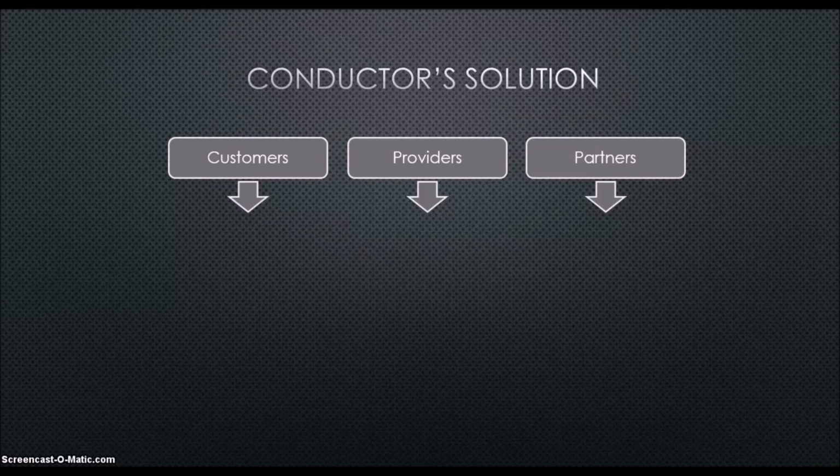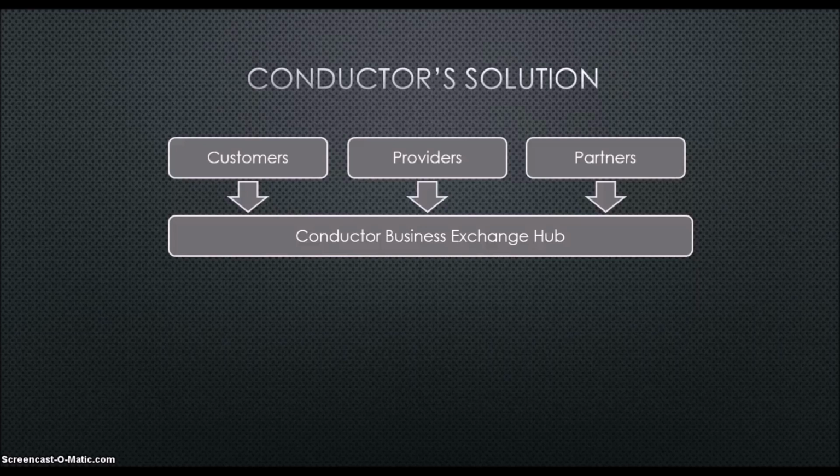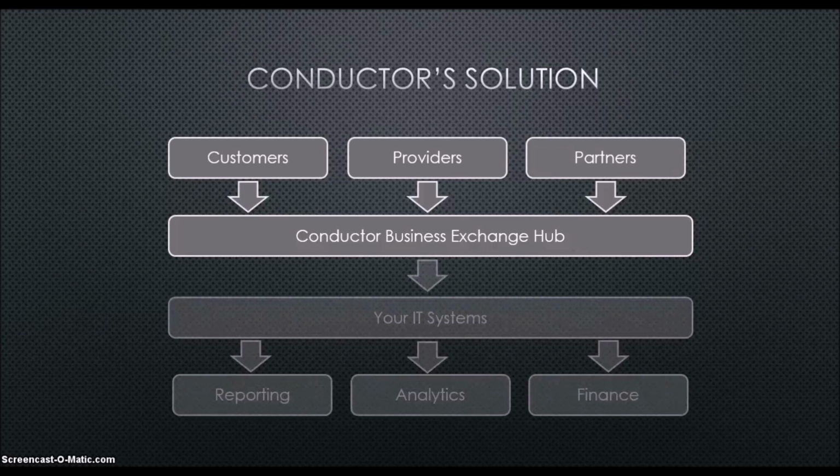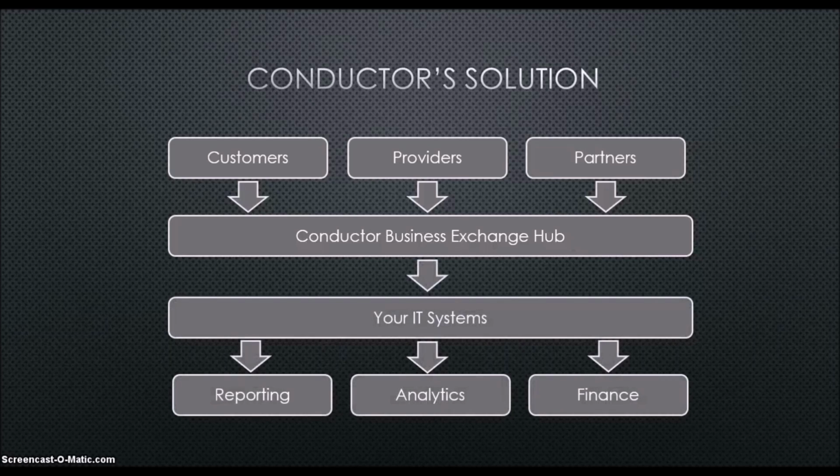What we do is, taking the same model, we sit in between your customers and your data providers, your data sources, and your business itself, so the destination. And in the case of this, we actually manage that data transformation and the method of getting data from one into the other.